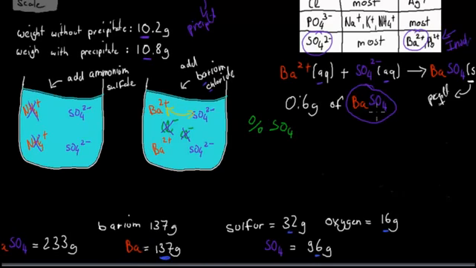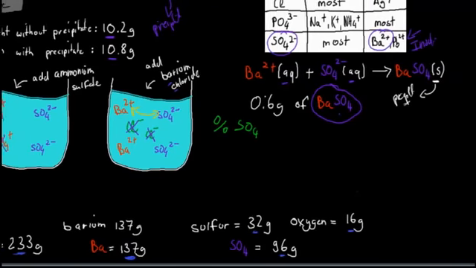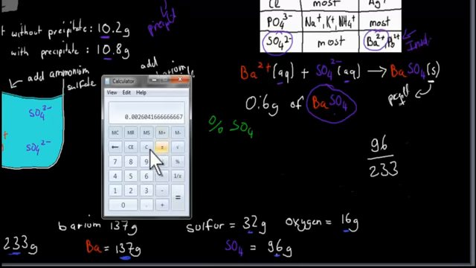So 1 mole of barium sulfate, if you add those two numbers together, weighs 233 grams. That's what barium sulfate weighs. But we're trying to find out how much of that comes from sulfate. And we know that sulfate itself weighs 96 grams. So if we do the calculations, 96 divided by 233, we get a number of 0.41.